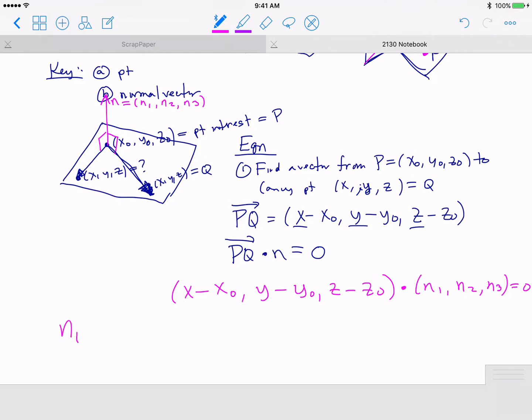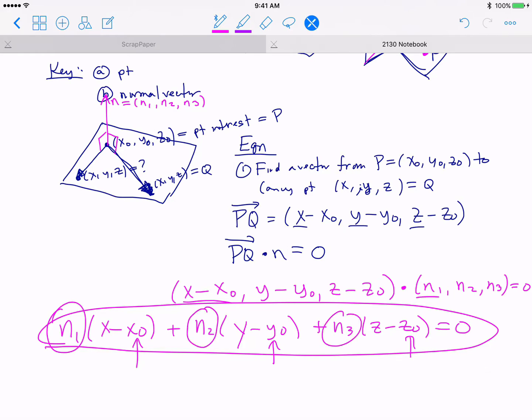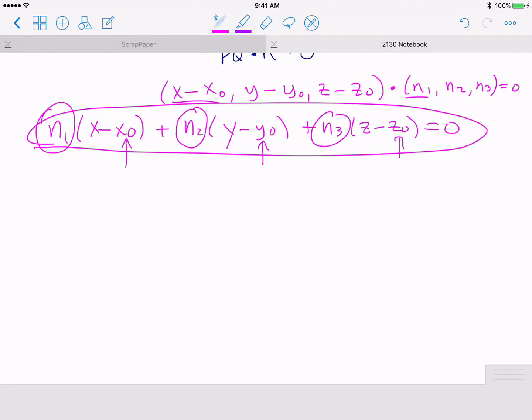So here comes the equation of our plane: n1 times x minus x naught, plus the second entry of the normal vector times y minus y naught, plus the third entry of the normal vector times z minus z naught, equal to 0. Here's the equation of your plane that goes through the point that you're interested in and has normal vector n1, n2, n3.